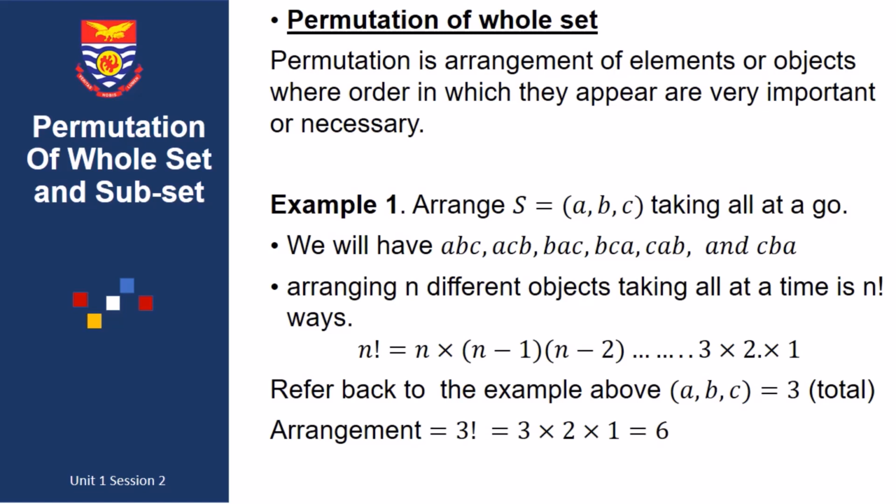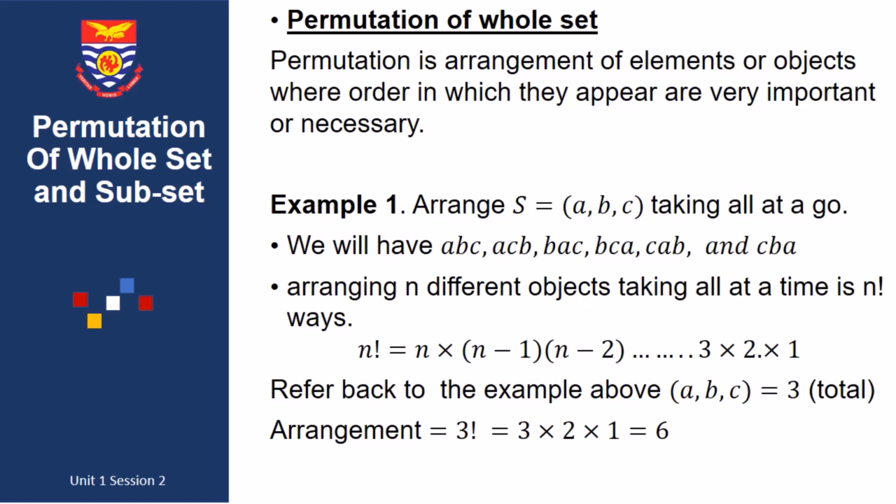You've noticed that arranging n different objects, taking all at a time, will be equal to n factorial ways. What do we mean by n factorial ways? Well, that is by the multiplication principle. The number of ways of arranging n different objects taking all at a time is n factorial ways.